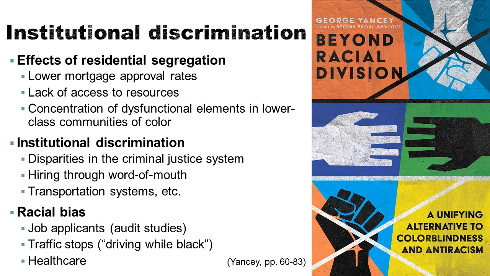The names of the applicant might be traditionally black-sounding first names or traditionally white-sounding first names. So there was a famous audit study that was done back in 2004. If I remember the researchers' names, it was Bertrand and Mullainathan. And the title of their study was, Are Greg and Emily More Employable Than Lakisha and Jamal? And so they actually used those names in their audit study.